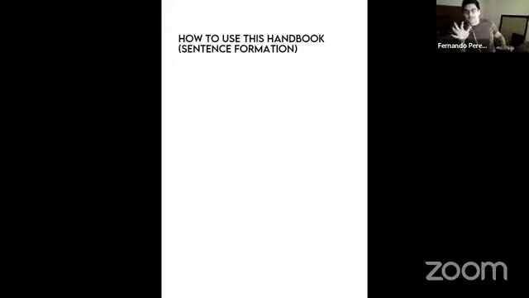Let's see if you understand how to use this application, these words, so you can put words in the correct position. Okay, what are the three forms of expression that we need to correct?